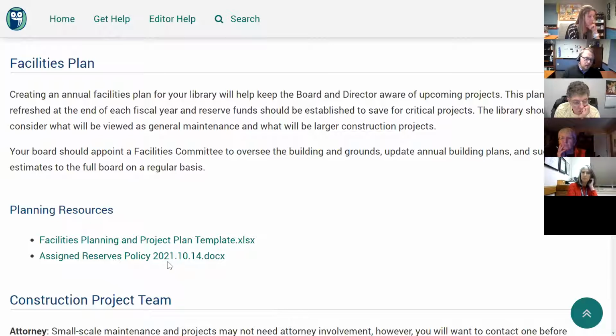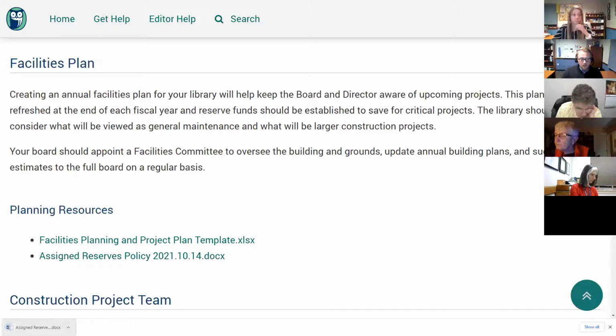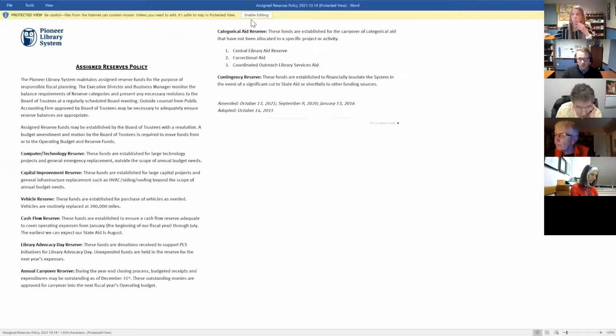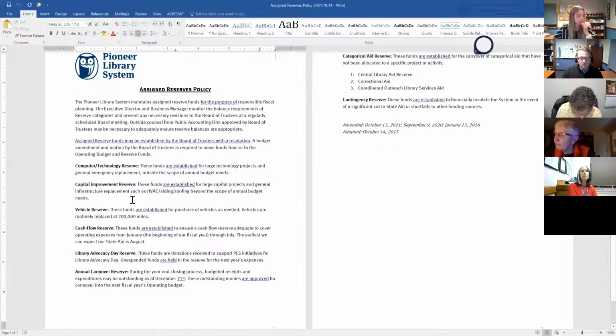The other item that I have on here is just an assigned reserves policy, because when we're talking about those facility costs every year, it's a good idea to have some type of reserve fund that you can put your facilities items into. So at the end of the year, if you have leftover money or maybe you budget for it, you have some type of reserve fund.